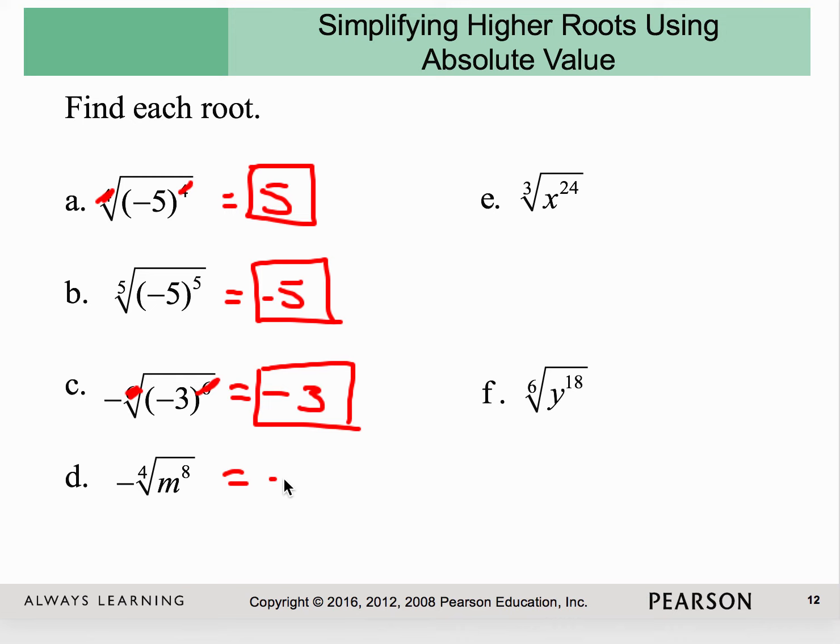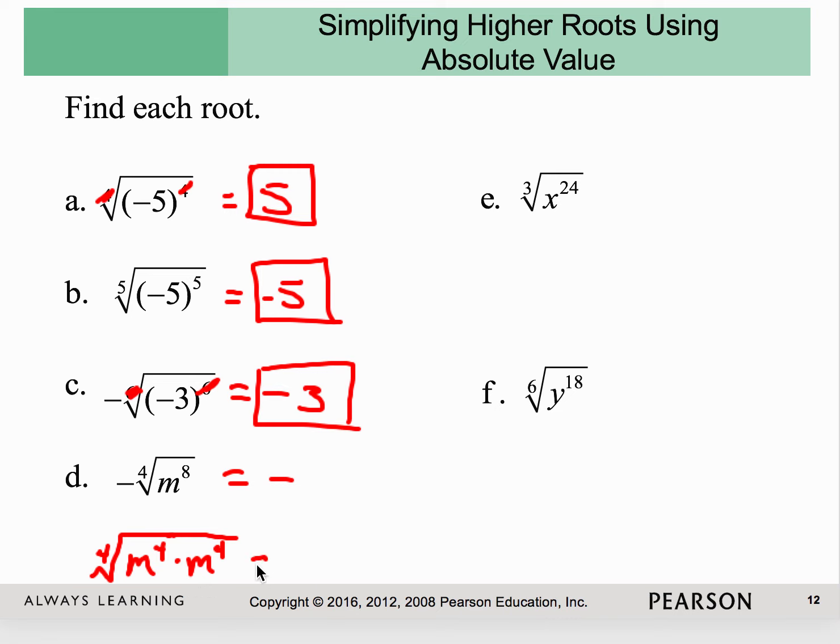I know this is going to be negative because it's outside, has nothing to do with the radical. But think about this. If I could make what's under here a 4th, I know that they just cancel out, right? But it's m to the 8th. Isn't that the same thing as this? M to the 4th times m to the 4th.